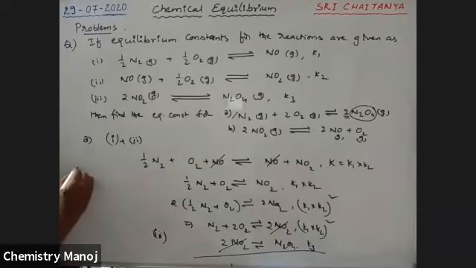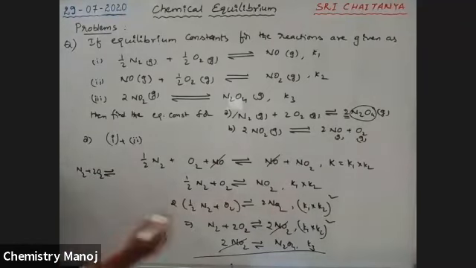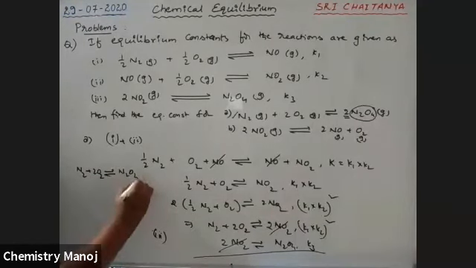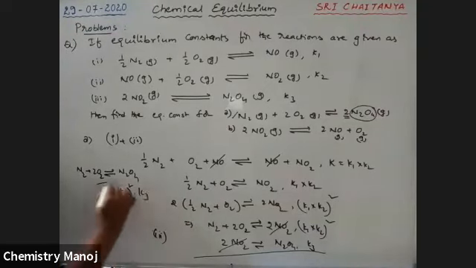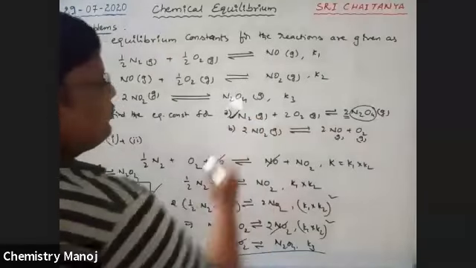Now the equation is N2 plus 2O2 reversible with N2O4, with K1 into K2 whole square into K3. This is the final equilibrium constant for this equation.